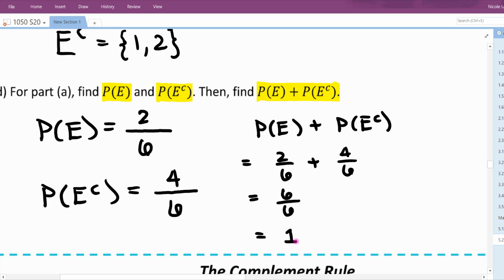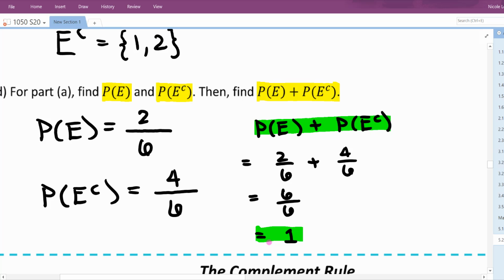So this is where the complement rule we're going to be looking at is coming from. This will always, no matter what, be the case: the probability of E plus the probability of its complement is always going to be equal to 1.